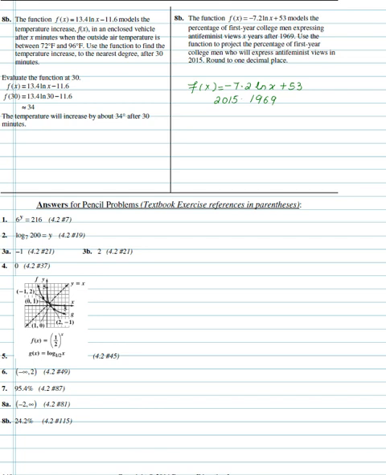So first step is we need to find the difference between these two and see how many years it is after 1969, and that would be 46 years. So I'm trying to find f of 46, negative 7.2 ln 46 plus 53, and that would give me approximately 24.2%.